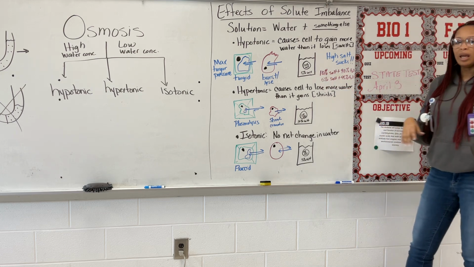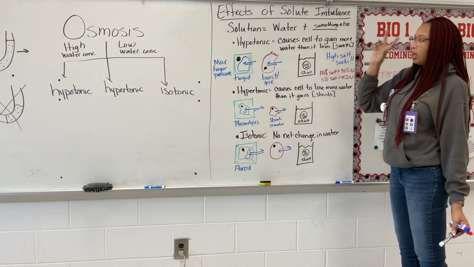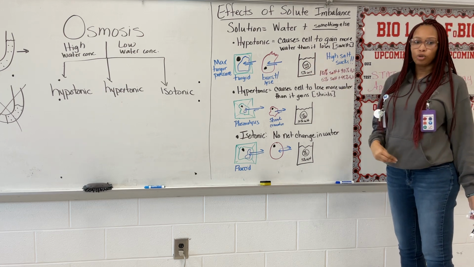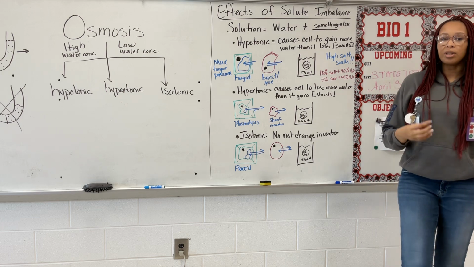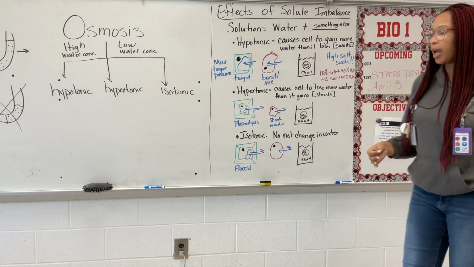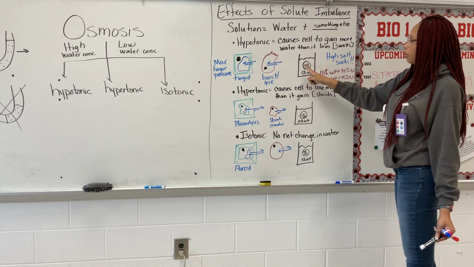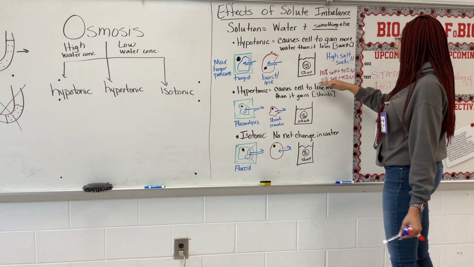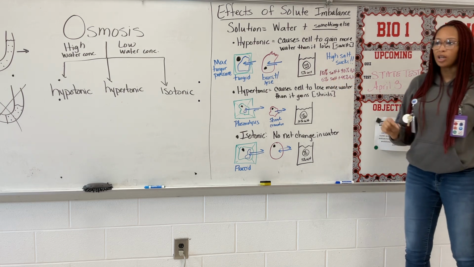If I'm looking at a diagram like this one where I have a cell in a beaker, the cell is 10% salt solution and the beaker has a 5% salt solution. Remember, the higher the salt sucks, right? There's more salt inside of the cell, so the water is going to leave the beaker and go into the cell. Now, if I look at that as far as math, because remember, water moves from high water to low water, not just high to low.